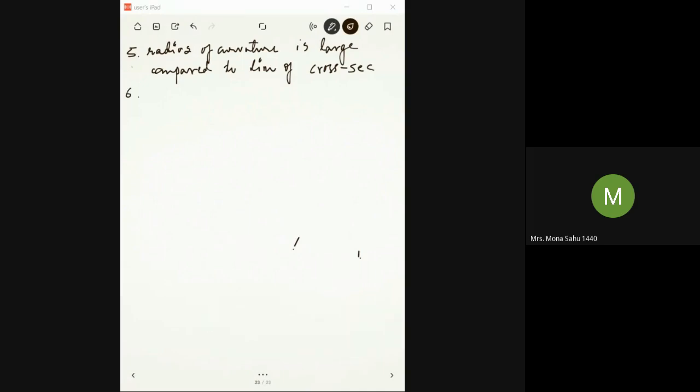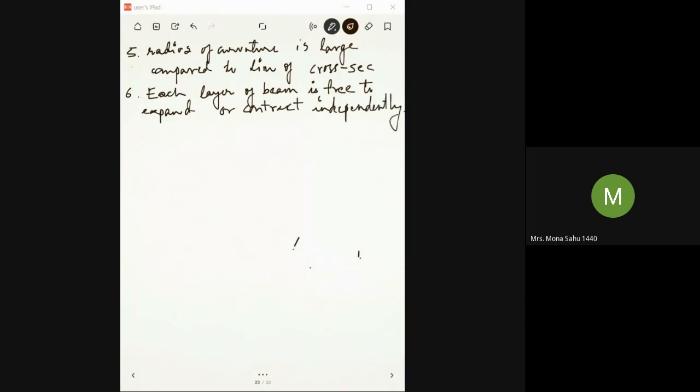And the last point is each layer of the beam is free to expand or contract independently.